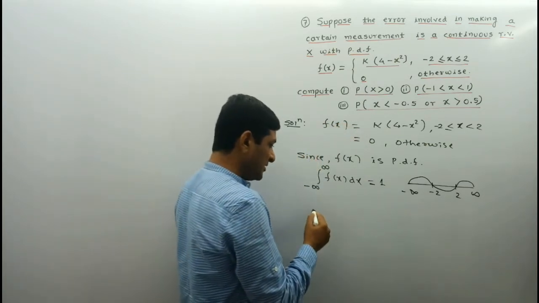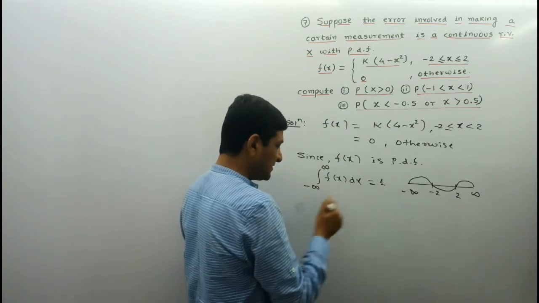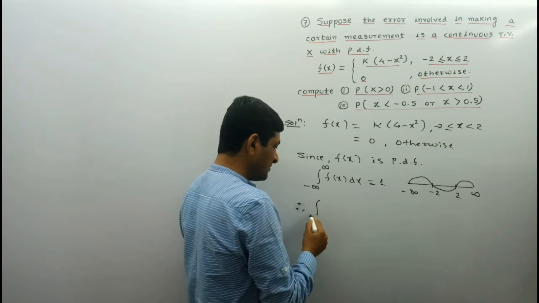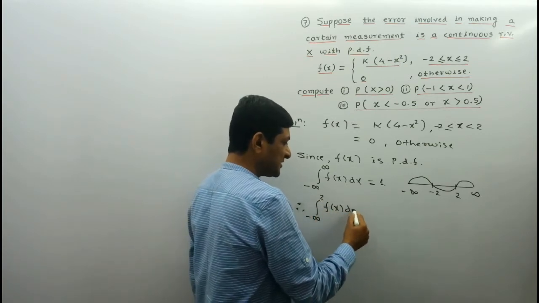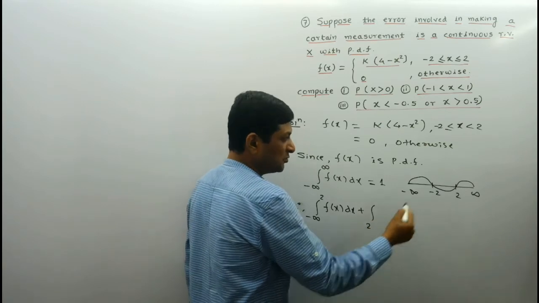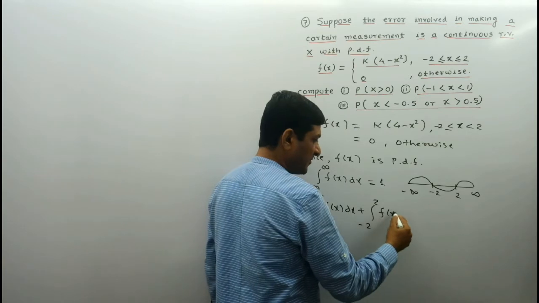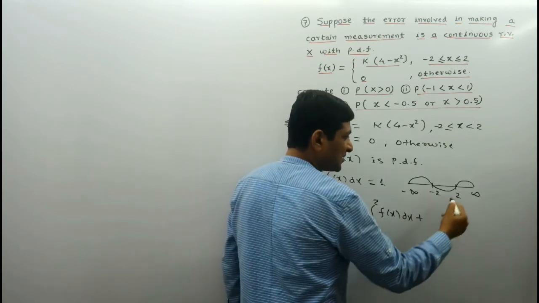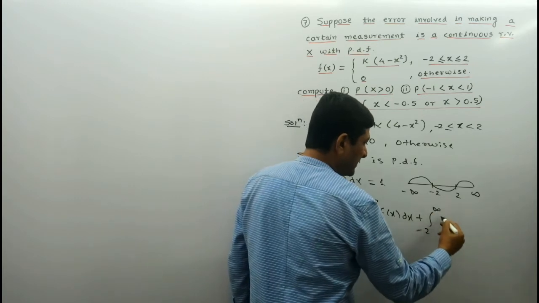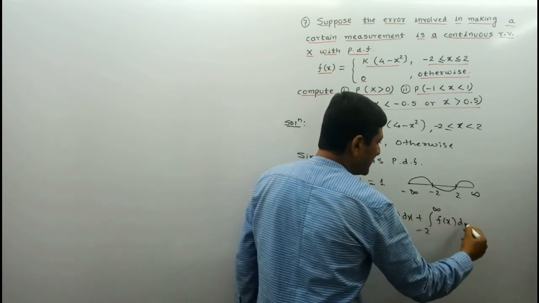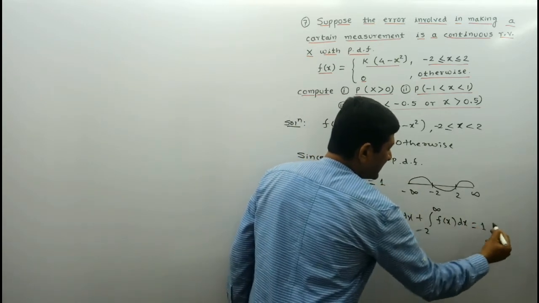So we split it as, in the first part, the limits are from minus infinity to minus 2, f of x dx, plus in the second part minus 2 to plus 2, f of x dx, plus the third part 2 to infinity, f of x dx. On the right hand side, keep this 1 as it is.